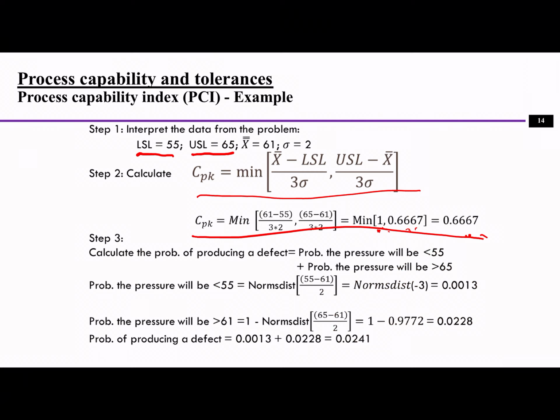This is how we calculate the left part of the blue area. The z value is minus 3, then we can find the probability value from the normal distribution table, and we get this value. This is the probability. Same for the other side.